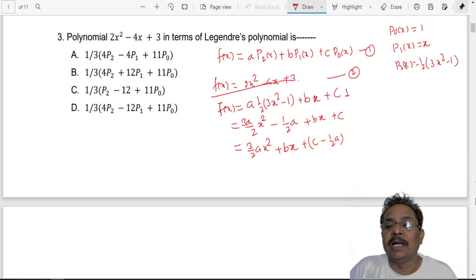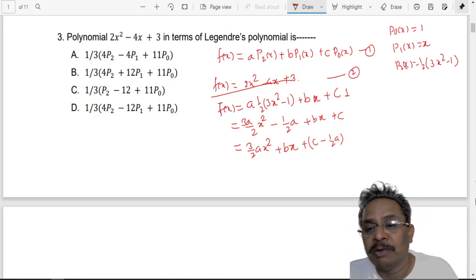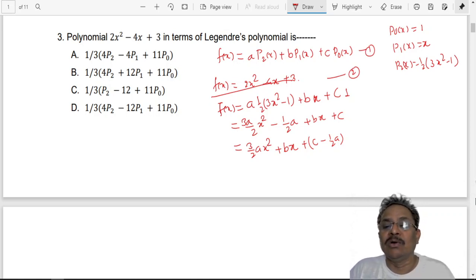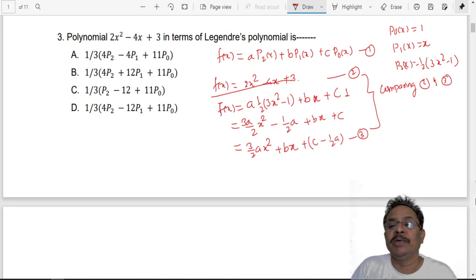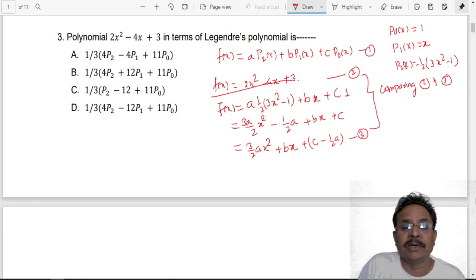Substituting values of p1x, p0x, p2x, I got this function f of x equal to this, that is my equation number 3. Now compare these two equations. So comparing 3 and 2, let's see what we get. Here it is 2x square, so therefore 3 by 2 times a is equal to 2, so I'll get 3 different constants.